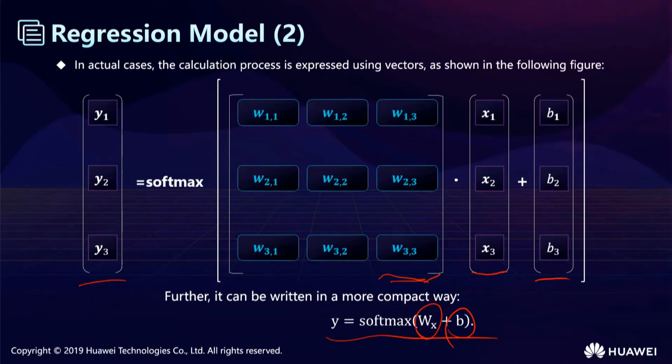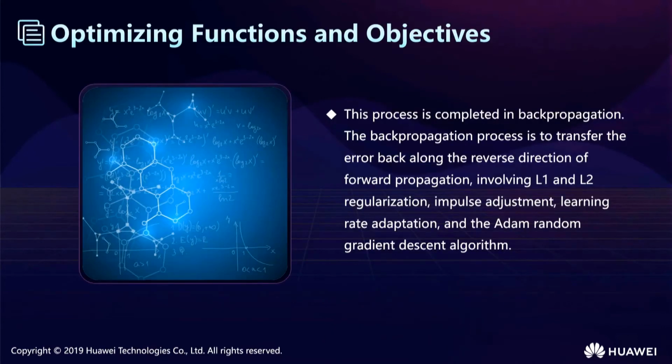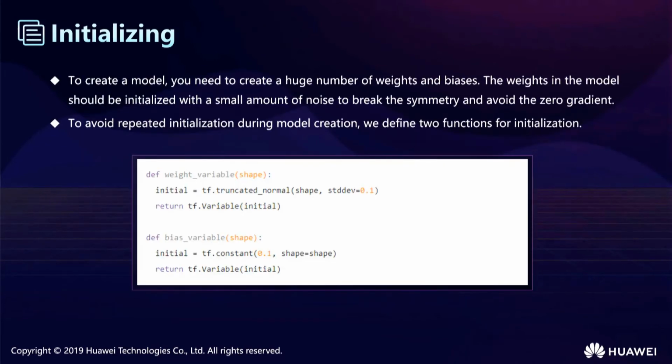Now we begin to optimize the model and make it perform better. In this process, we send the error back along and reverse the direction of the forward propagation, and it involves L1 and L2 regularization, improved adjustment, learning rate adaptation, and stochastic gradient descent algorithms. When we build models, we need to create a huge number of weights and biases.